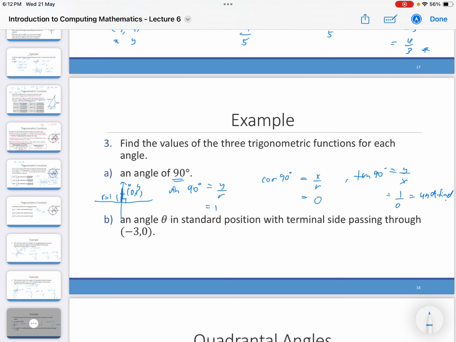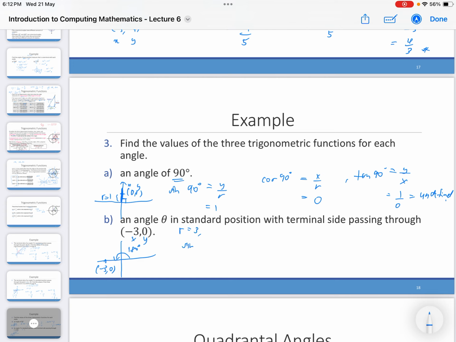Okay, and then an angle theta in standard position with terminal side passing through (-3, 0). So again we can draw. (-3, 0) is over here, so basically the angle is here. The angle is 180 degrees. So x is -3, y is 0, and r is the distance, which is 3.